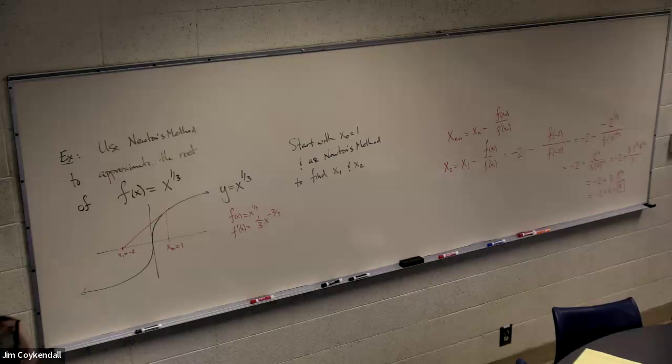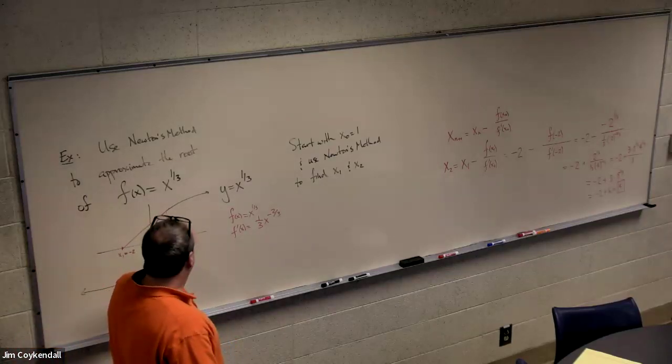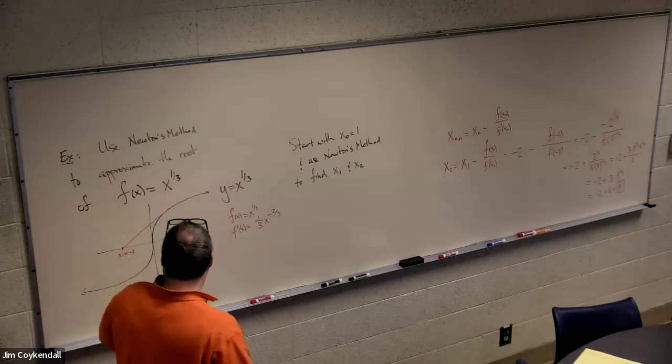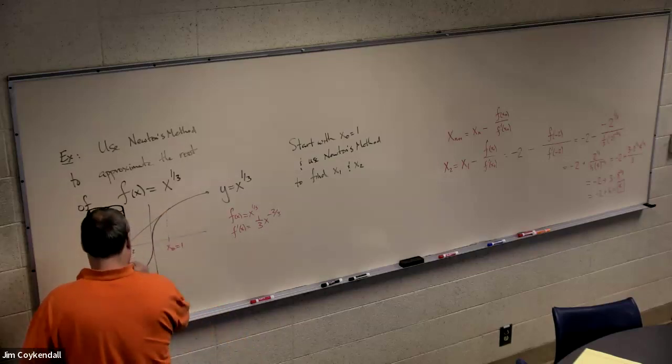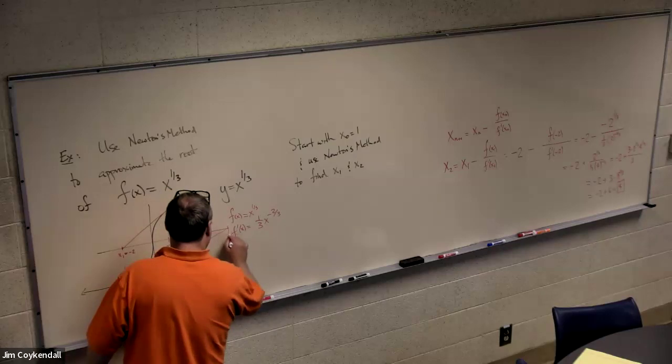Okay, so we've gotten, start with an initial approximation 1, it flashes over to -2, and then its next stop is all the way over here at 4.